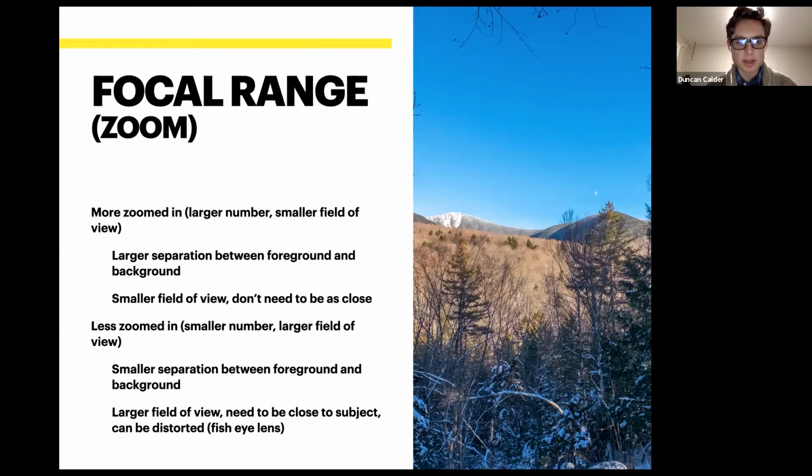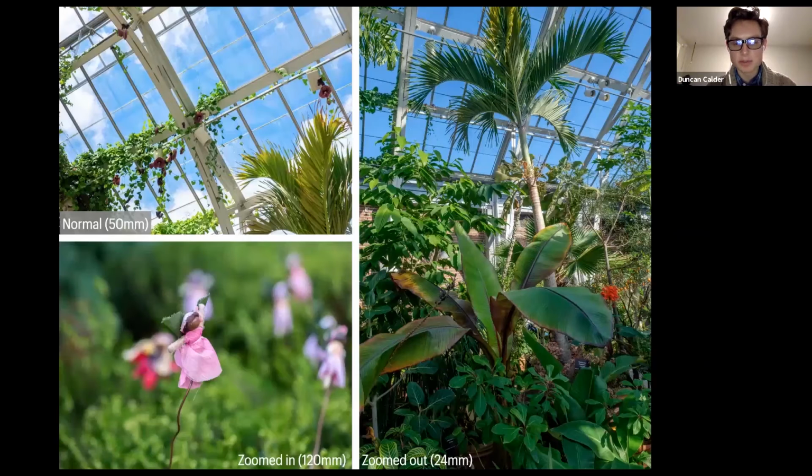And this is just some quick examples of different views you might have. So on the right, you have something that's more zoomed out. That is on my camera, a 24 millimeter lens. So you can see more of the greenhouse with that great palm and the ceiling. And then the upper left, you have a picture that is more of a normal look.